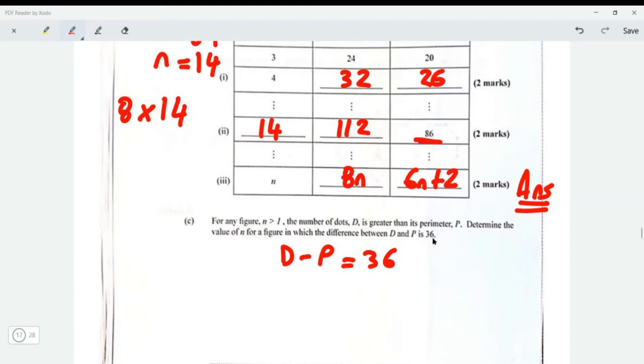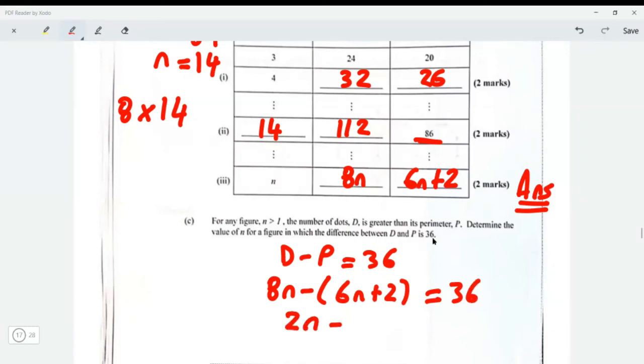But D is 8n, minus P is 6n plus 2, and that works out to be 36. 8n minus 6n is 2n. So 2n minus 2 is 36. It's then telling us that 2n is 38. Bring over the minus 2, it becomes plus 2. We then divide both sides by 2.